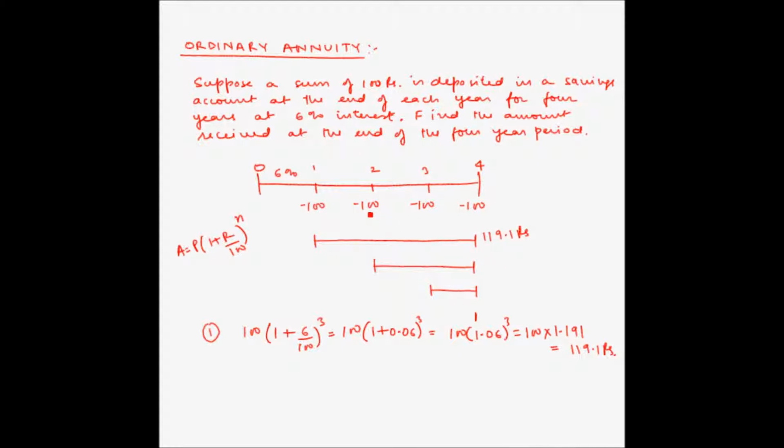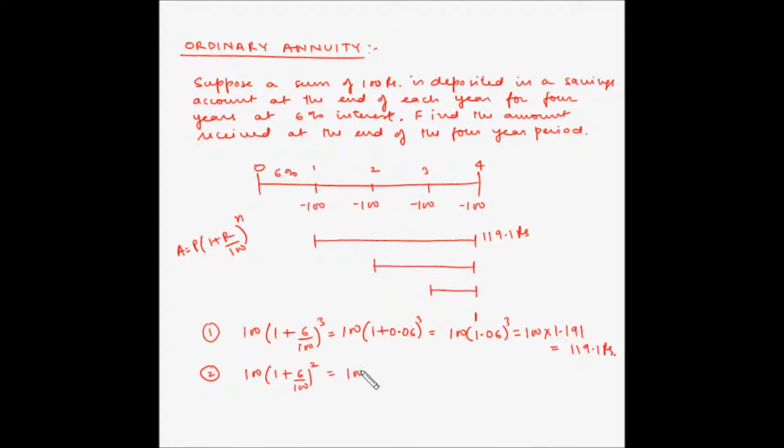Now let's take the amount of 100 rupees deposited at the end of the second year. So 100 into 1 plus 6 by 100 to the power 2, because this will grow for the remaining 2 years.